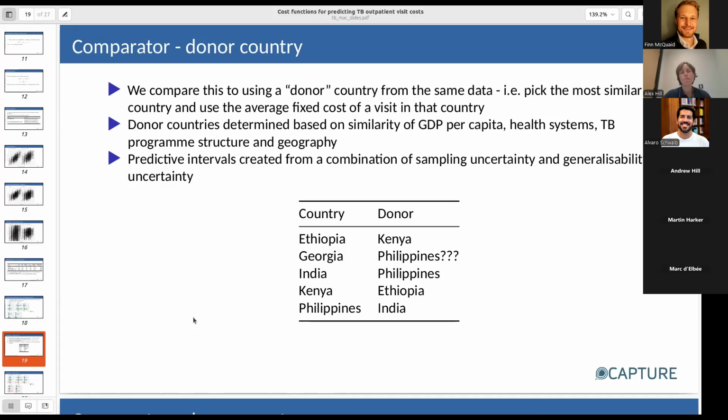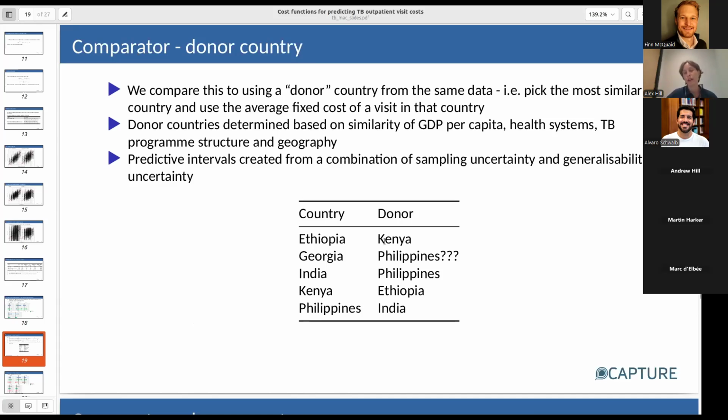I matched these up as similar countries based on various characteristics: GDP, structure of the health systems, structure of the TB program, geography. And this is the mapping that I came up with.